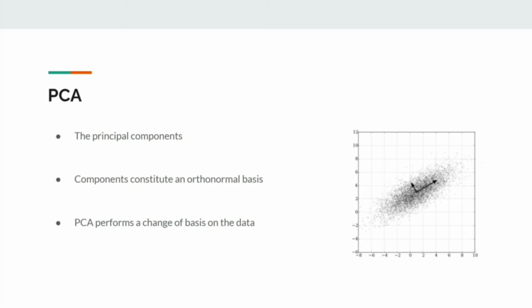These directions constitute an orthonormal basis in which different individual dimensions of the data are linearly uncorrelated. Principal component analysis, in other words PCA, is the process of computing the principal components and using them to perform a change of basis on the data, sometimes using only the first few principal components and ignoring the rest.